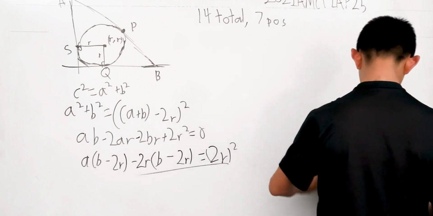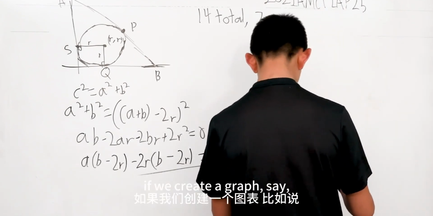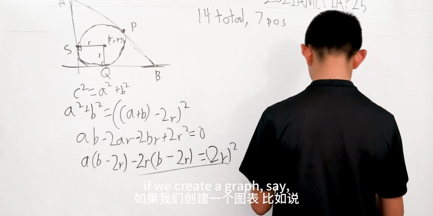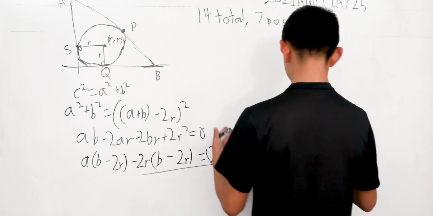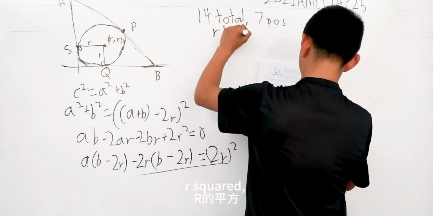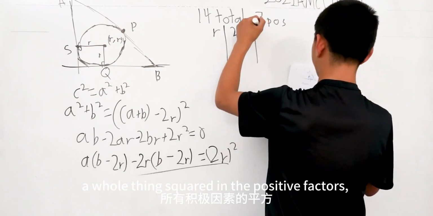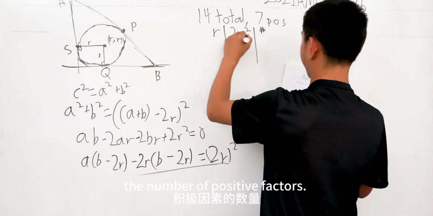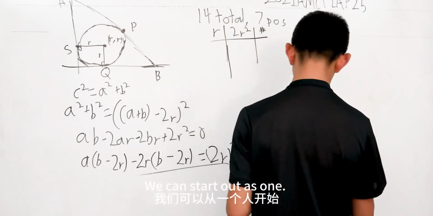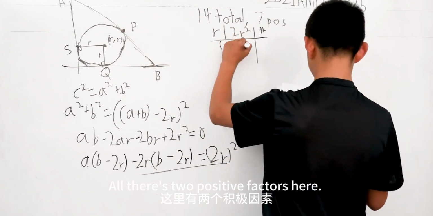Okay. Now, if we create a graph for our R, our 2R squared, the whole thing squared, and the number of positive factors, we can start out with R as 1. All this becomes 2.